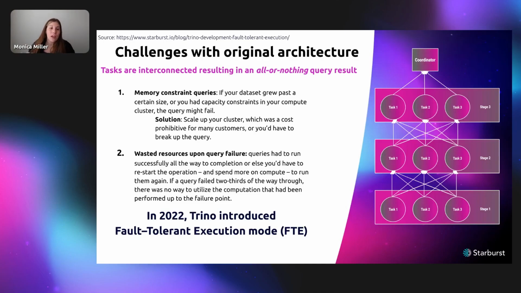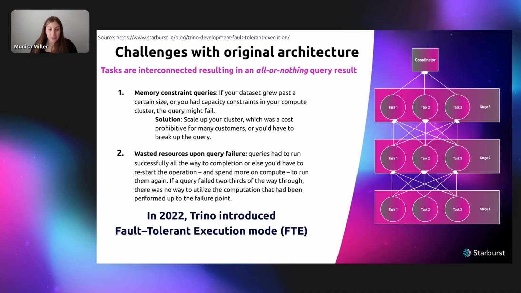And then also there were some wasted resources upon query failure, which potentially made other queries fail. So you'd have to wait for the query to run completely successfully. Even if it failed two-thirds of the way through, there would still be a failure and you'd have to start the query all over again. Where that becomes a problem is when you have multiple queries being run, and you're trying to have queries in line wait for that process, and then the query would just fail and you still have to wait.